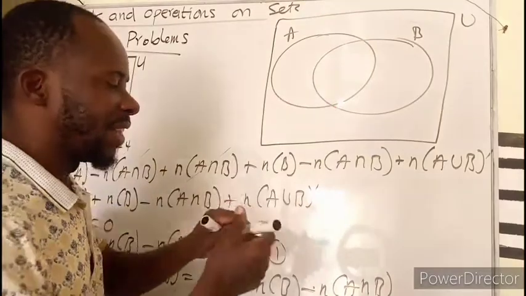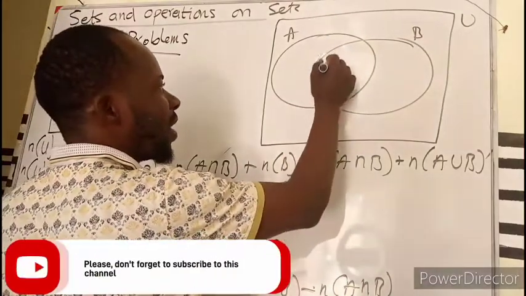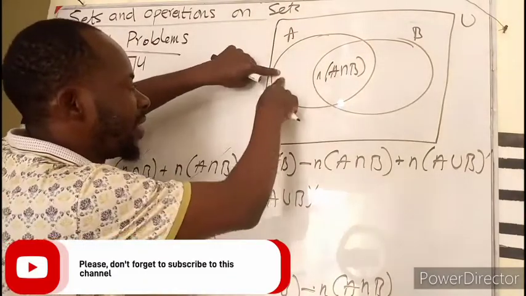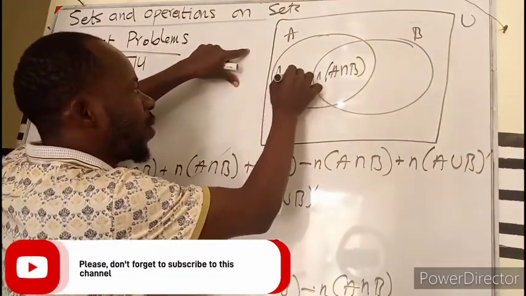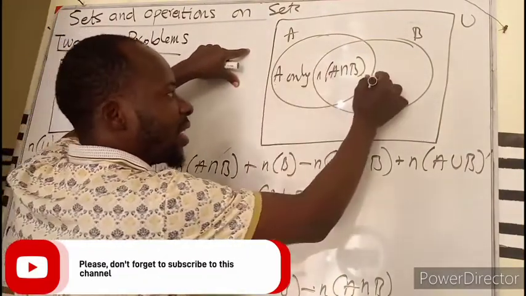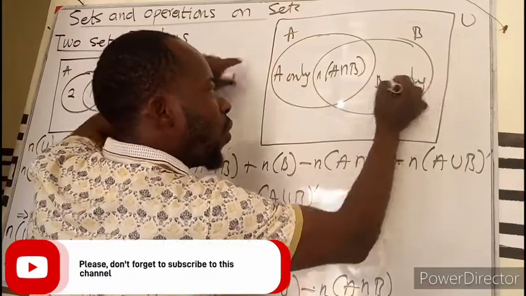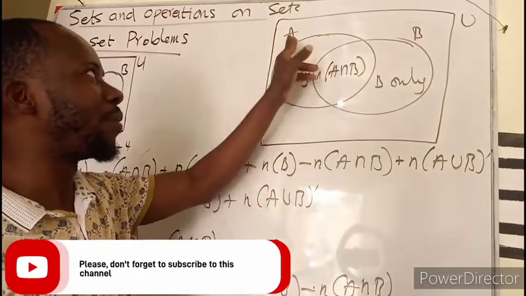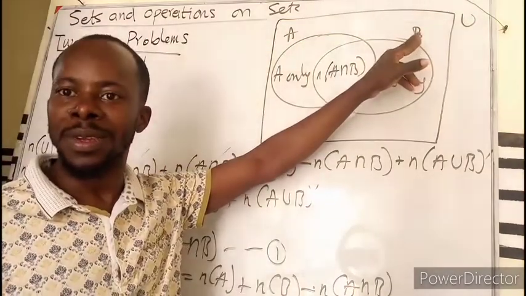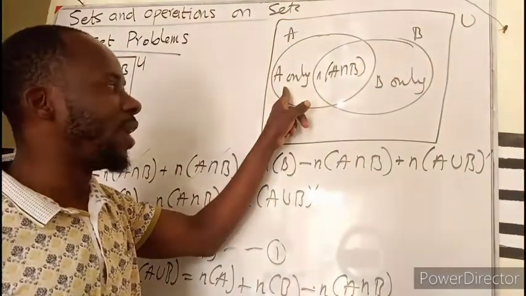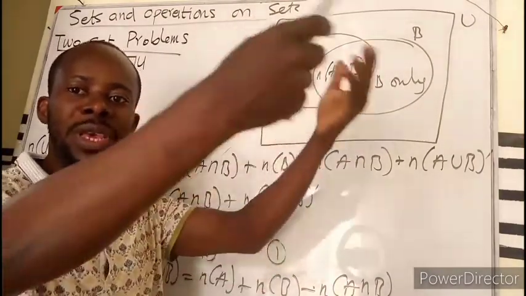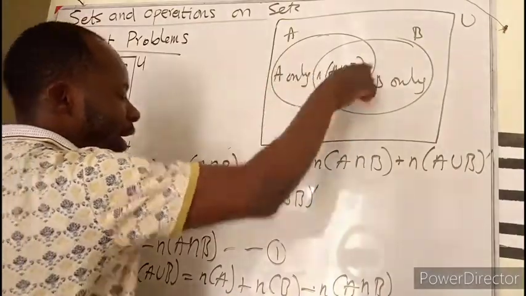We know that this is the number of A intersection B, where this is going to be A only number, then B only. We are aware that these three regions sum up to A union B. So if you add A only plus the intersection plus B only, you should be getting our A union B.